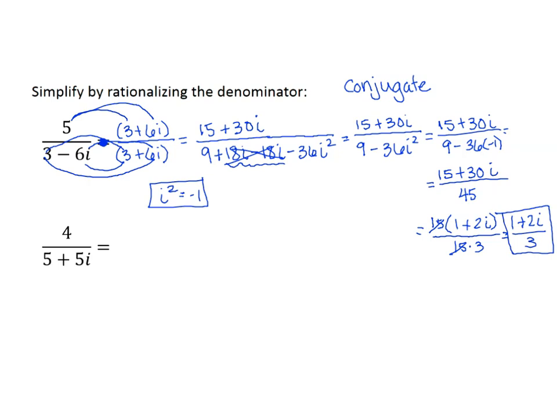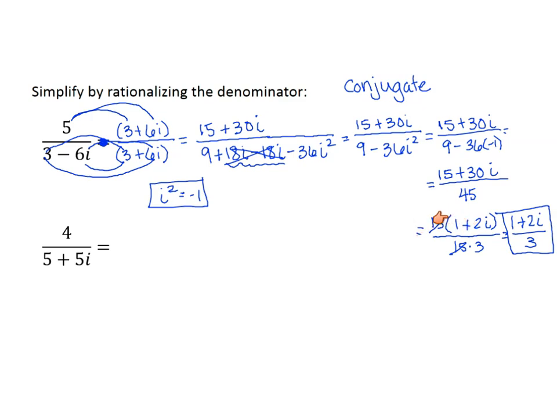Right, so that's after multiplying by the conjugate, combining like terms, replacing the i squared with negative 1. We did that here. Then we added the bottom because a negative times a negative equals a positive 36. So 9 plus 36 gave us 45. And then these were all divisible by 15, so I took a 15 out of the top.